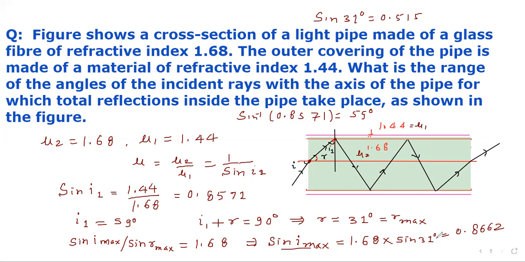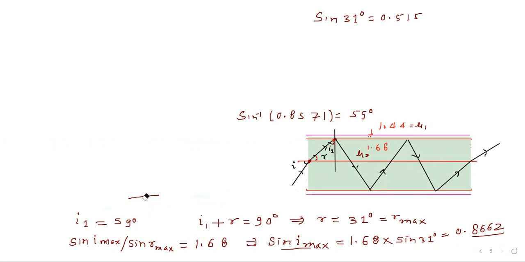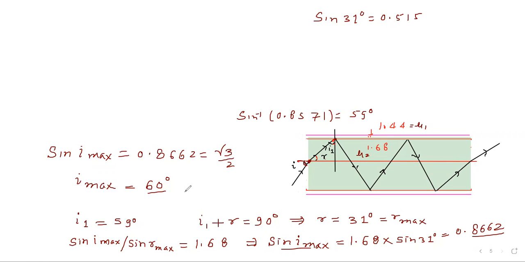And if you remember, root 3 by 2 is the same value. So we can say sine i max equals 0.8662, which is root 3 by 2, for i max equal to 60 degrees. So the maximum value of the angle of incidence at this point should be 60 degrees.